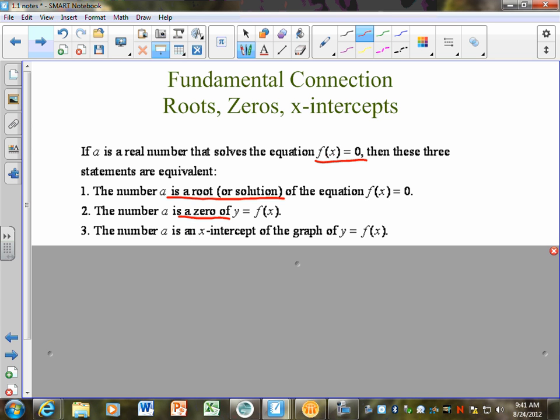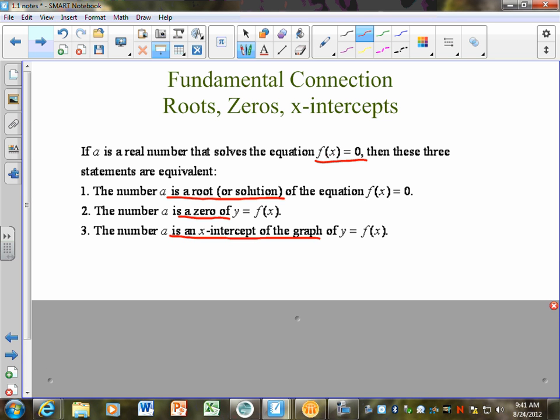If it's a real number, and if the solution's imaginary this is not true, that means it's also an x-intercept of the graph. We're going to be doing a lot of graphing in this chapter. Anytime you solve an equation equal to 0, the numbers that you get are where it crosses the x-axis. So we call it a zero, because it's where y equals 0.